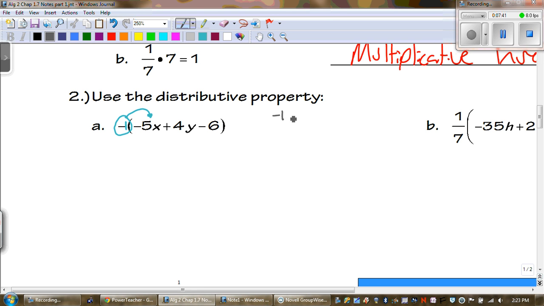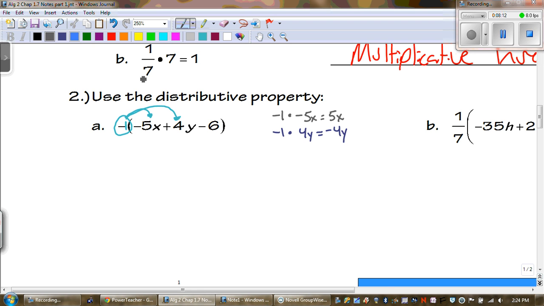So, negative 1 times negative 5x. What does that give us? Well, a negative times a negative is positive. Positive 5x. Okay. The next thing that we multiply is negative 1 times 4y. Negative times a positive is negative, and then 1 times 4 is just 4.